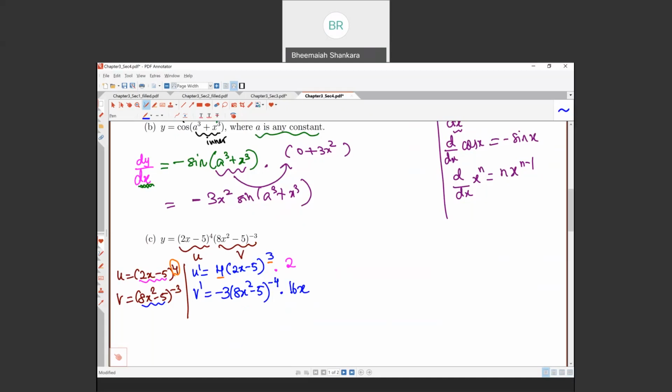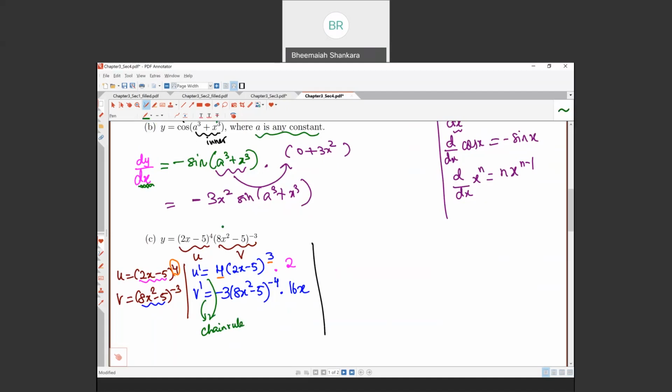So once you are done with deriving each of these functions using the chain rule of differentiation, you're good to go back and plug into the product rule. Again, let me write here that these equality signs we got by using the chain rule of differentiation.